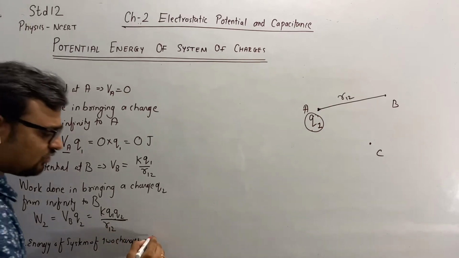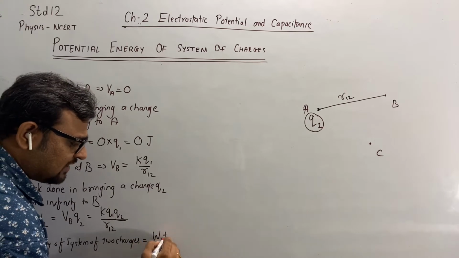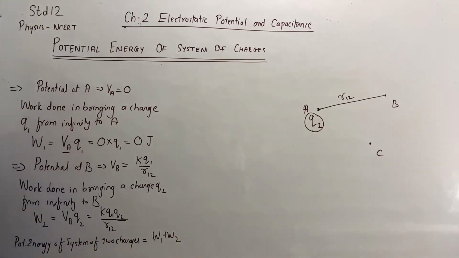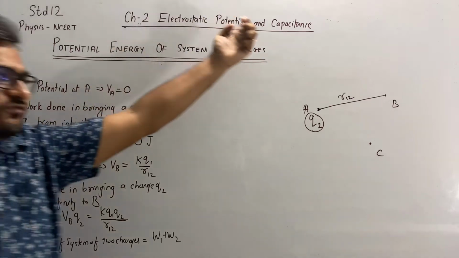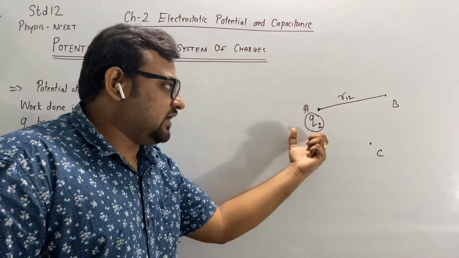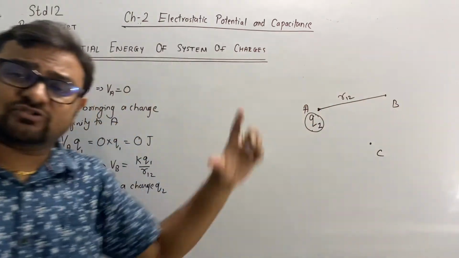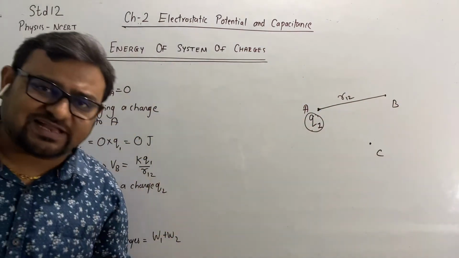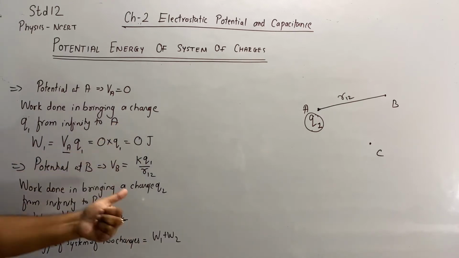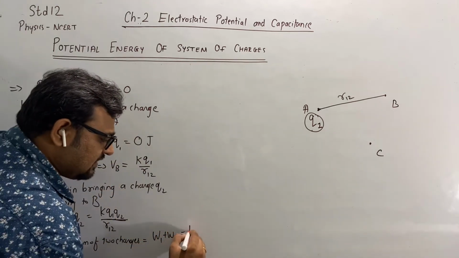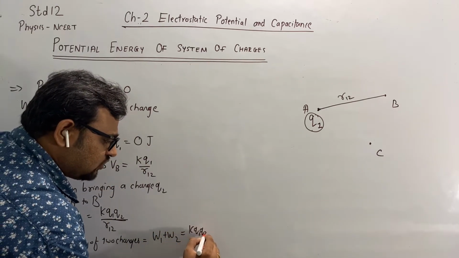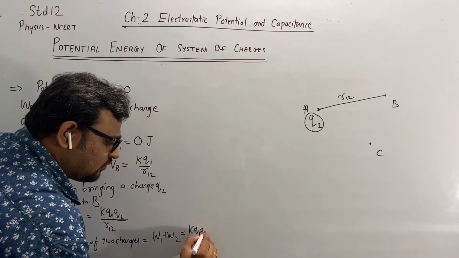This will be equal to W1 plus W2: work done in bringing a charge Q1 from infinity to A and bringing a charge Q2 from infinity to point B. This work done is stored in the form of potential energy. So W1 is 0 plus KQ1Q2 upon R12.